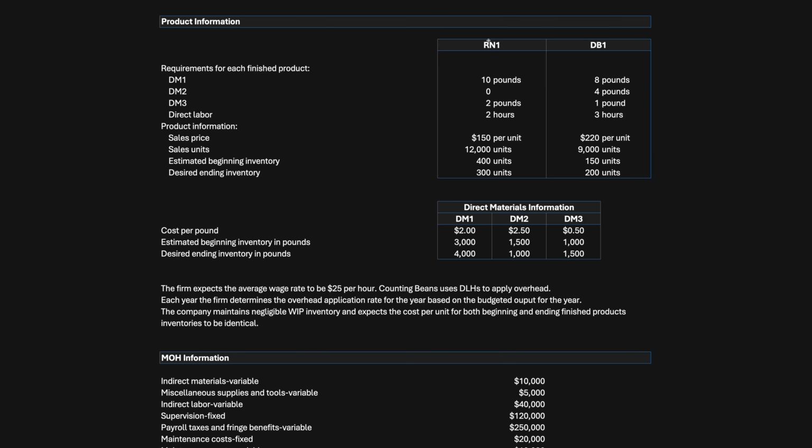We can see here that for RN1 and DB1, we require 10 pounds and 8 pounds. We also have the information for direct material 2, which will be 4 pounds for DB1, and for direct material 3, it'll be 2 pounds versus 1 pound.